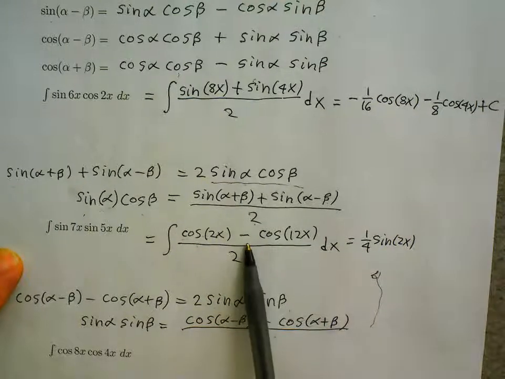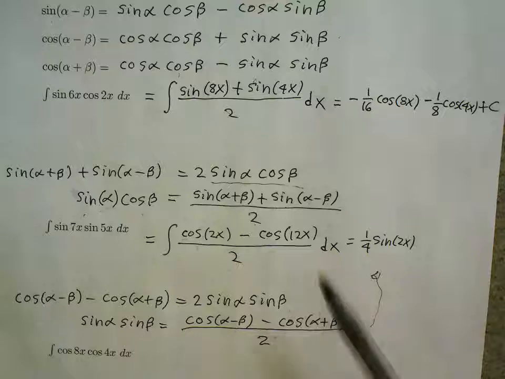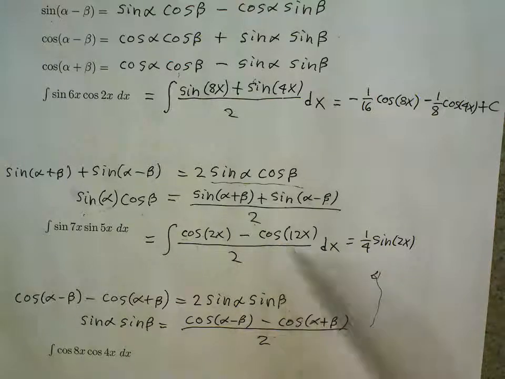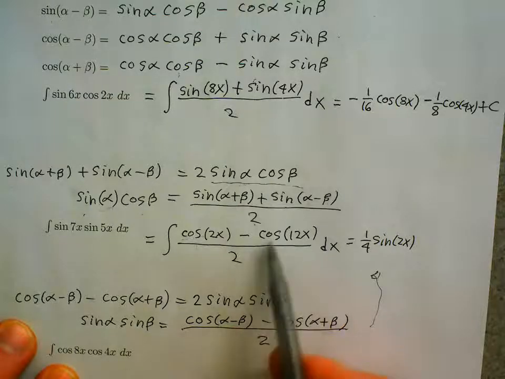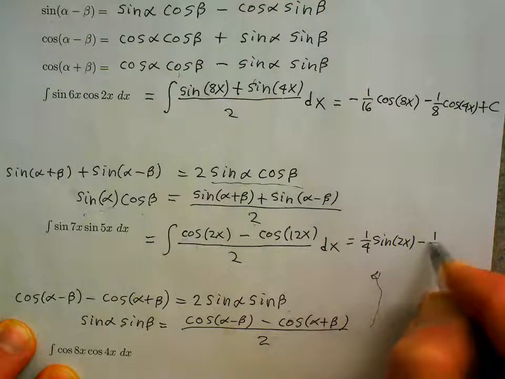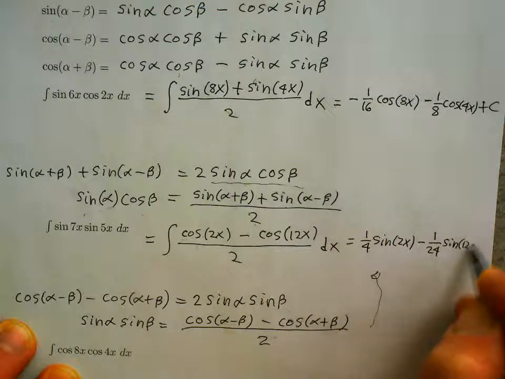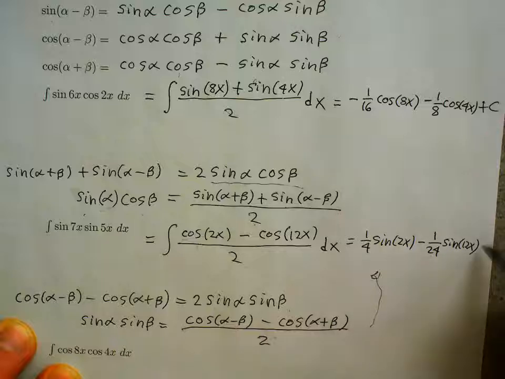And then we're going to subtract the indefinite integral of cosine of 12x divided by 2. An antiderivative of cosine of 12x is 1 over 12 times sine of 12x. But then when we multiply that by 1/2, we'll get minus 1 over 24 times sine of 12x. And then plus c on the end.